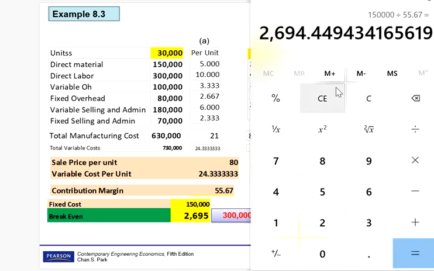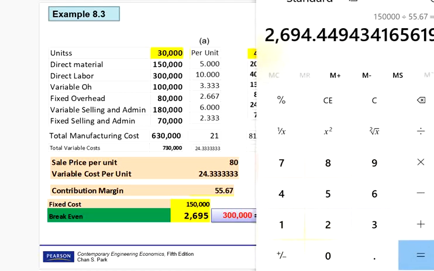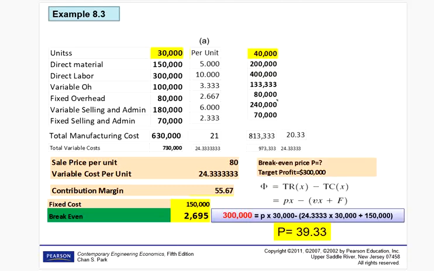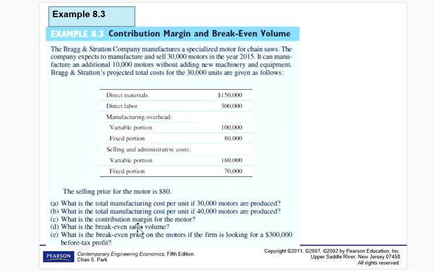So this is approximately 2695. Remember, this is a sales volume. Volume means the number of units we need to break even. So this is 2695, volume, not dollars, so it means number of units.